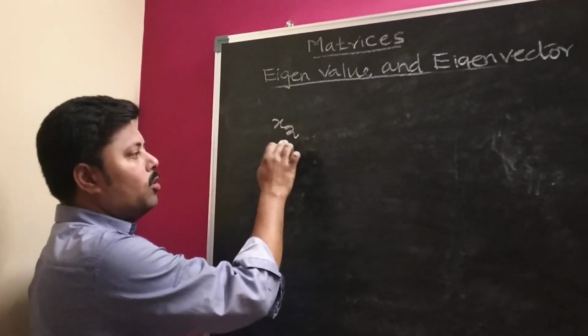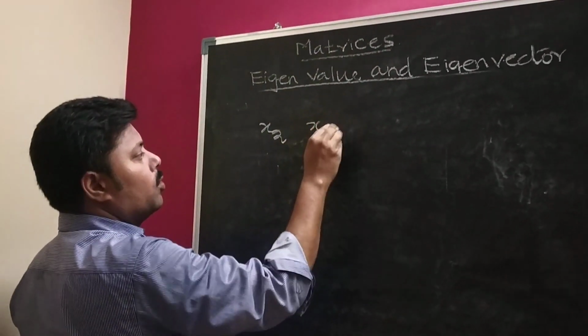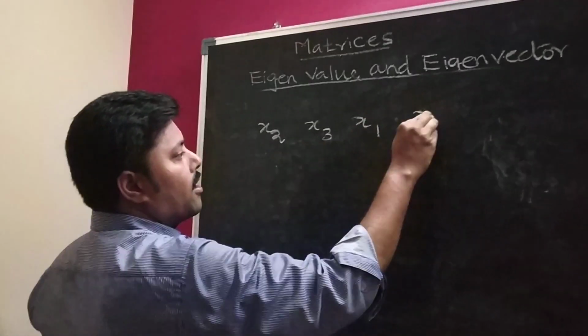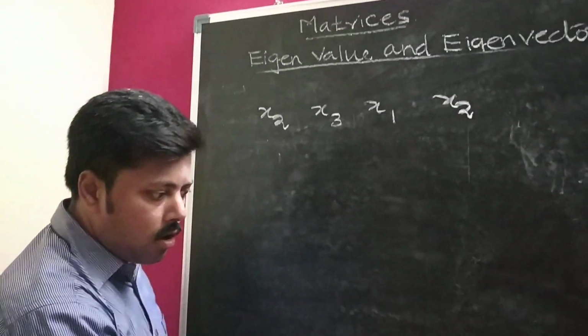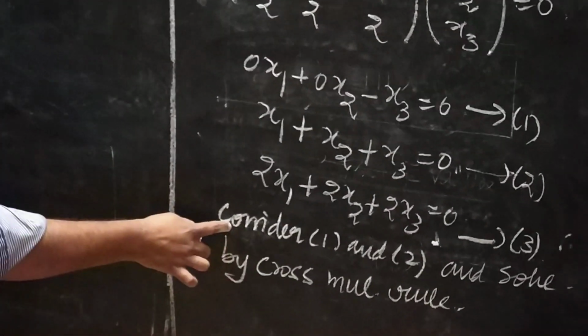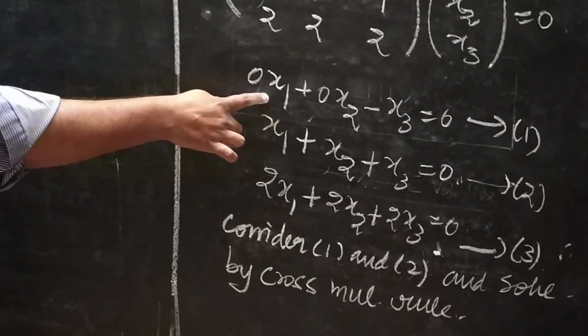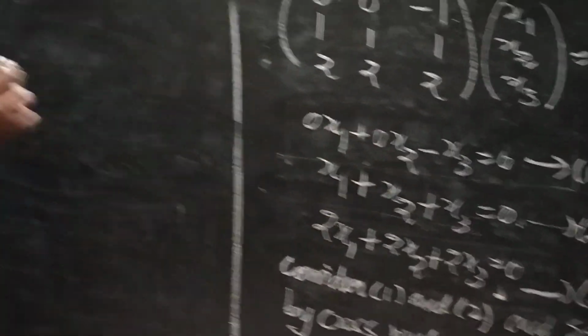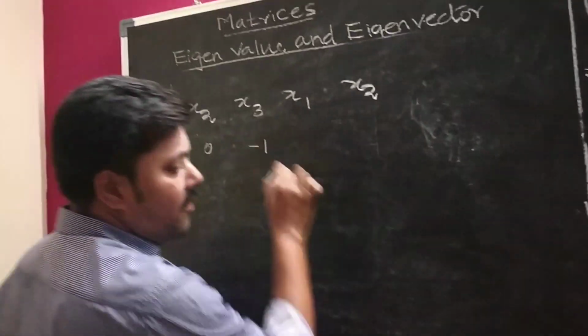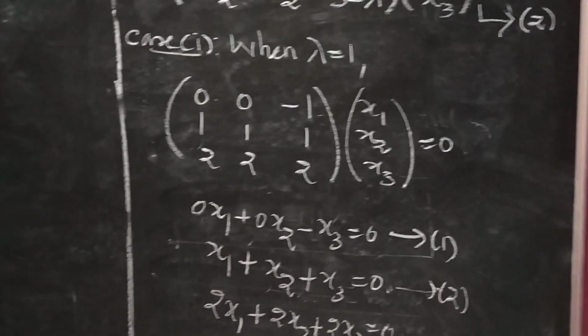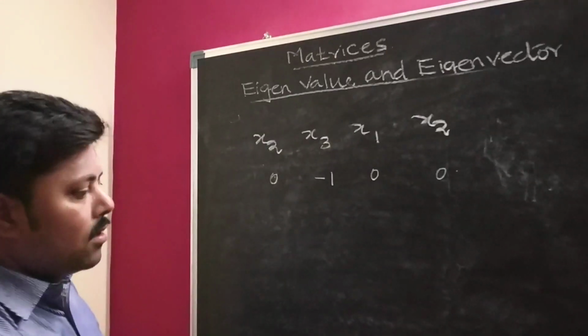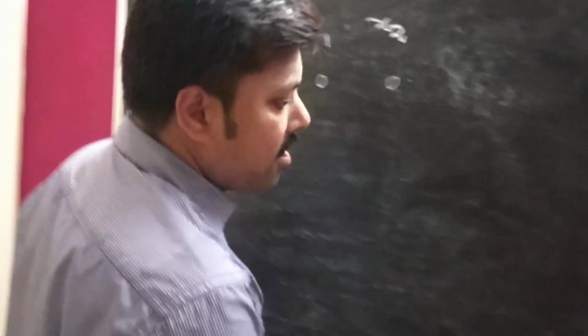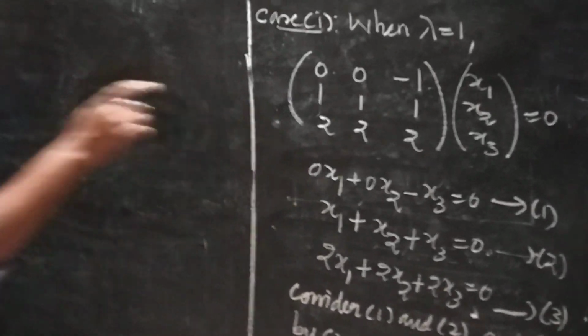So start with x2, end with x2: x2, x3, x1, x2. Here we are going to solve equations 1 and 2. In equation 1, what is the coefficient of x2? 0. Coefficient of x3? Minus 1. Coefficient of x1? 0. Coefficient of x2, 0. Similarly in equation 2, we have 1, 1, 1.